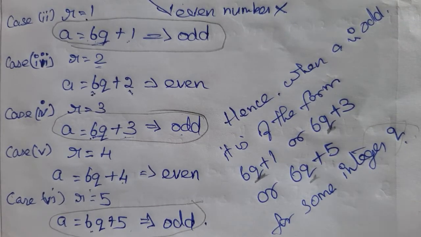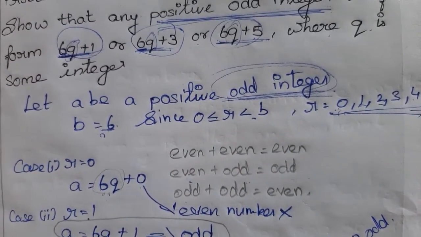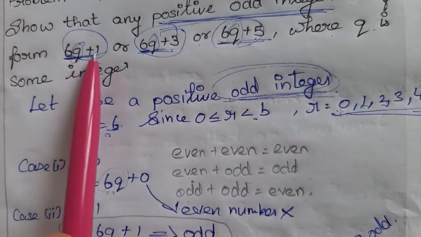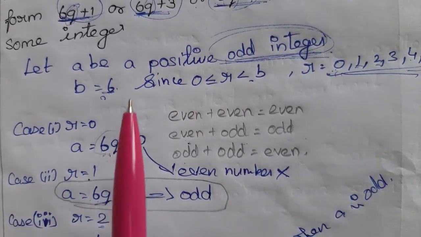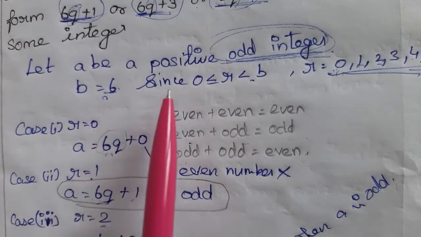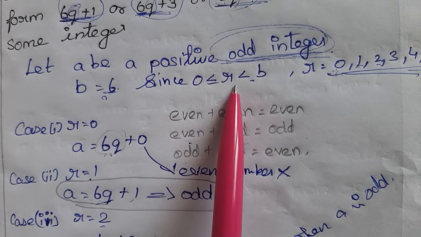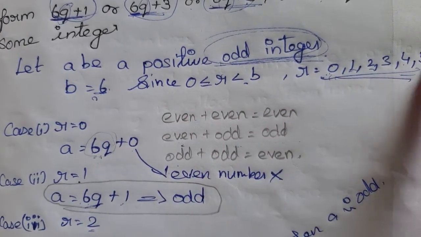Once again I will explain it. The question is to show that any positive odd integer is in the form of 6q plus 1, 6q plus 3, 6q plus 5. By the Euclid division lemma, we consider a a positive integer and b equal to 6. Since 0 is less than or equal to r less than b, r takes values 0, 1, 2, 3, 4, 5.